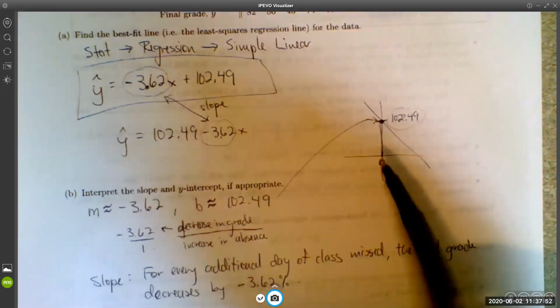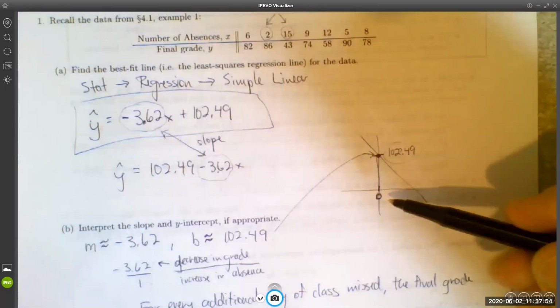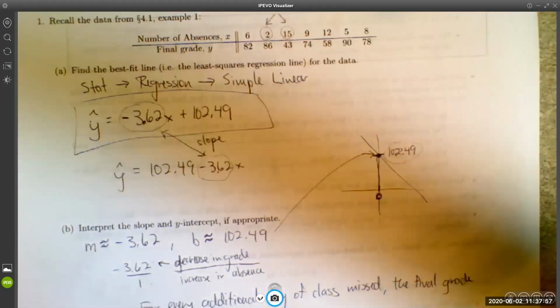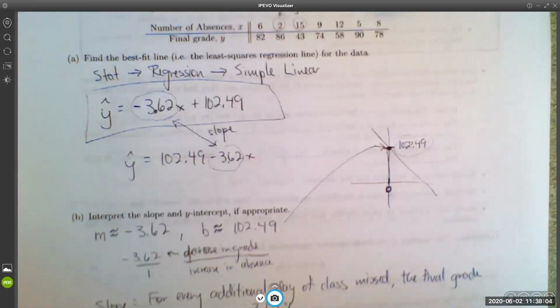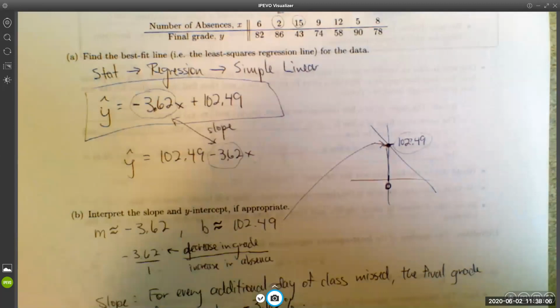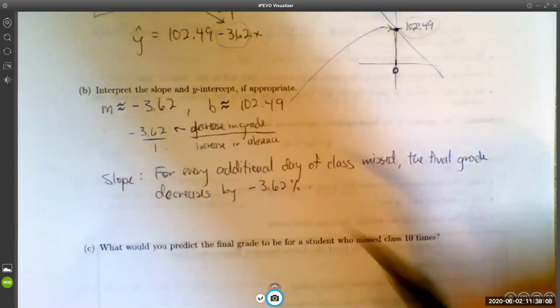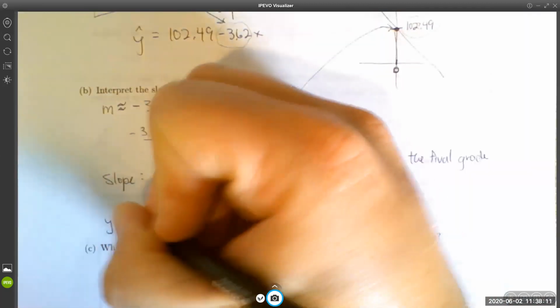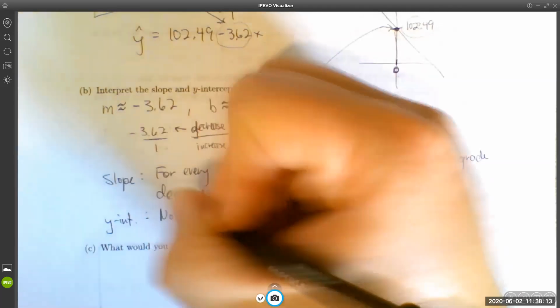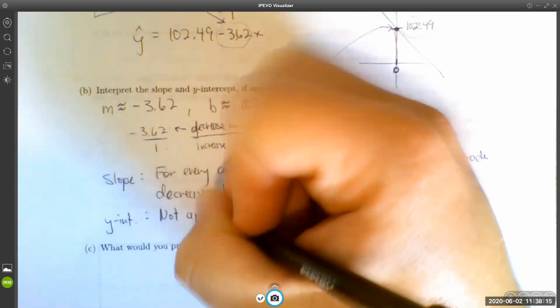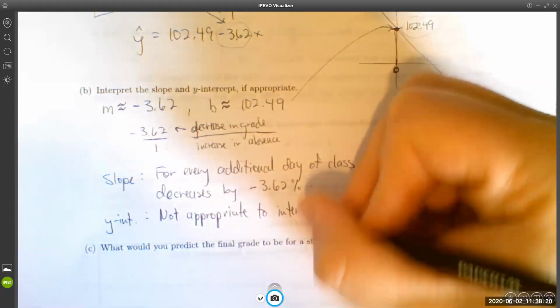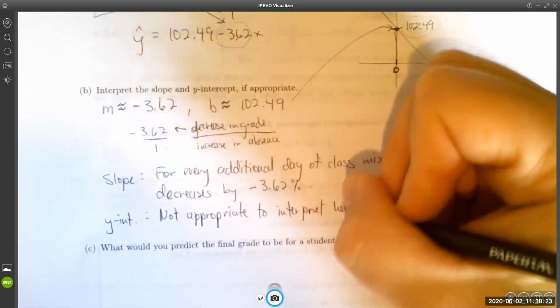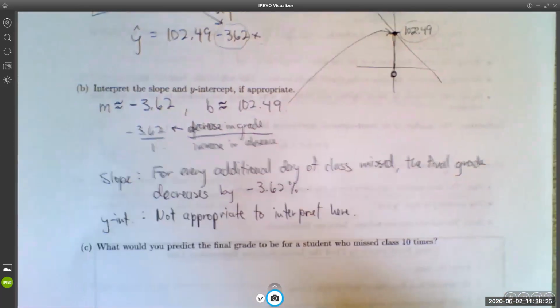Since our y-intercept happens when x is 0, it falls outside of the range of appropriate predictions. So it's not appropriate to interpret the y-intercept in this case.